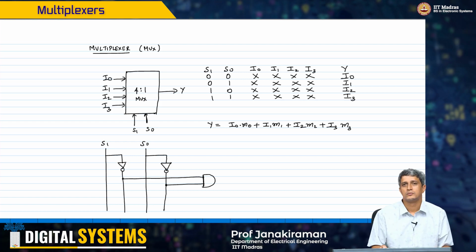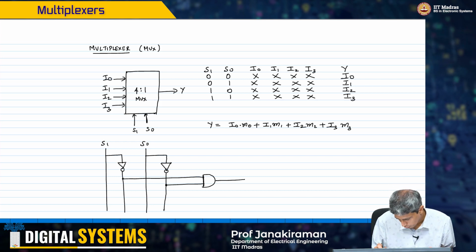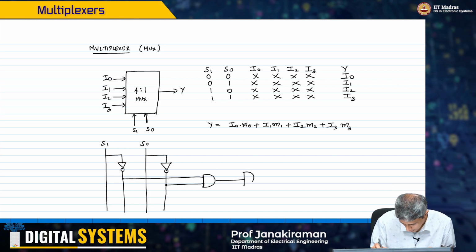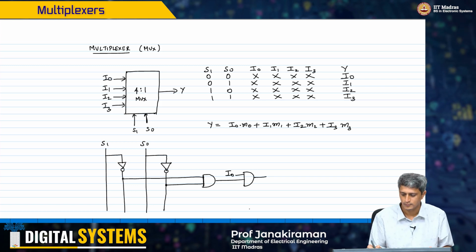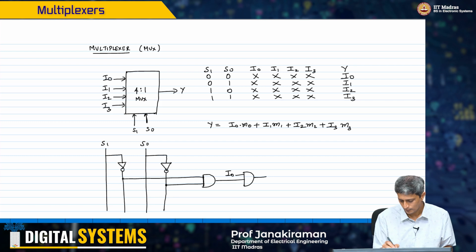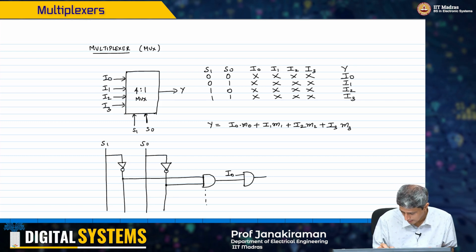And I could then take this output and AND it with I0. Now likewise I could do the others, so this is going to give me M0.